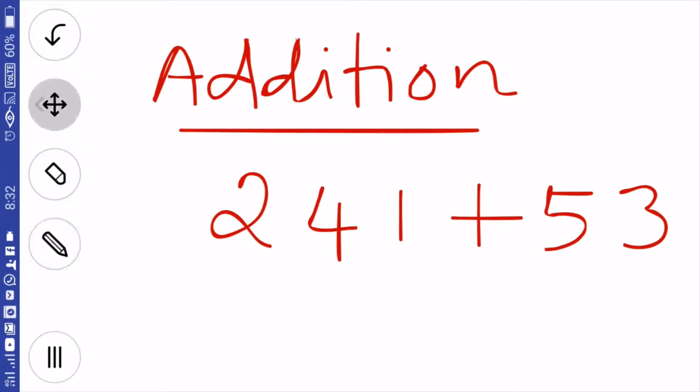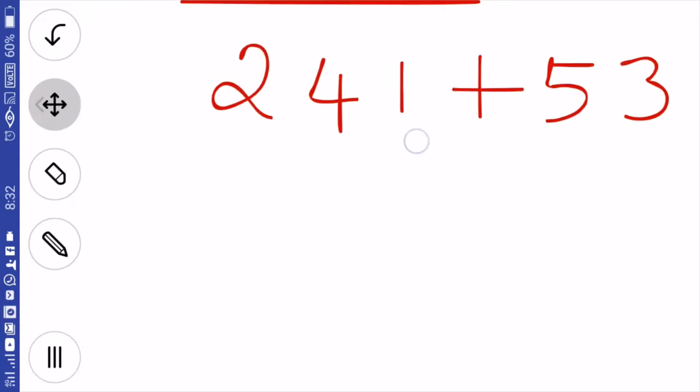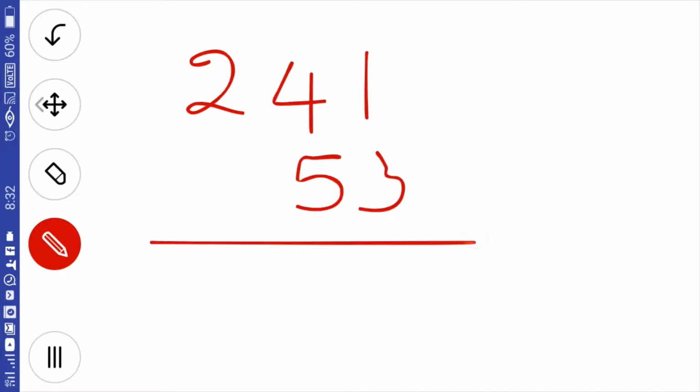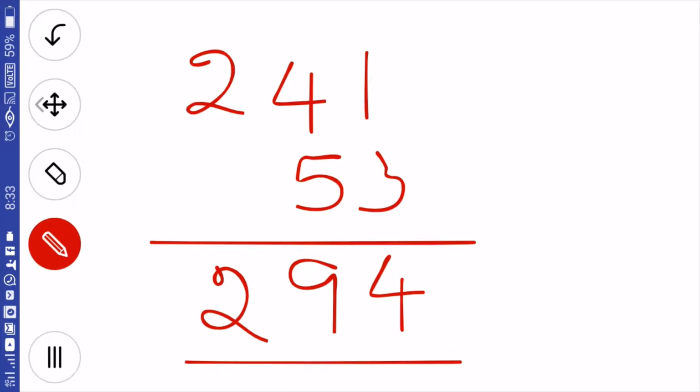It's a very simple process. We always learn that 241 and 53 are written in order, then we add: 1 plus 3 is 4, 4 plus 5 is 9, and this one is 2. So we get 294.